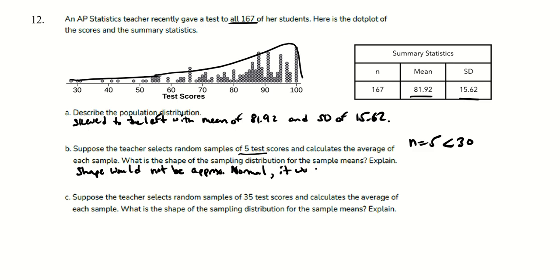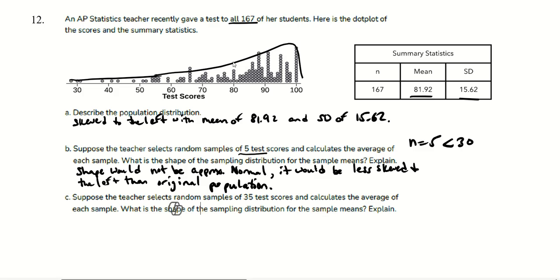It would be less skewed to the left than the original population. So it's going to be skewed left, but it's going to be less so, according to the central limit theorem.